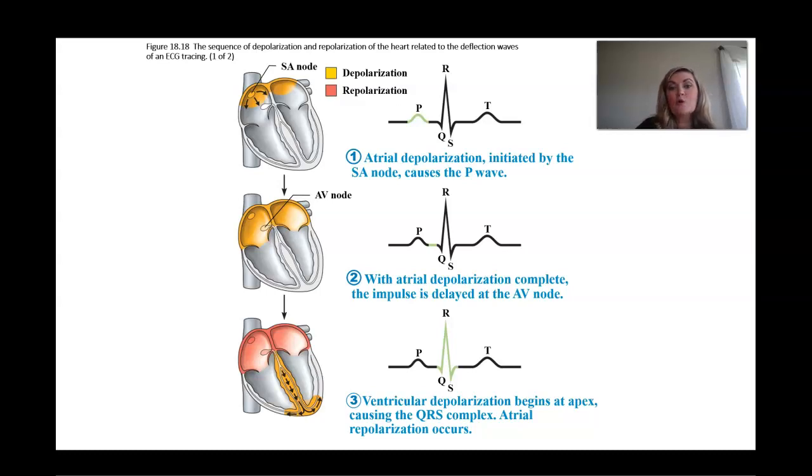As it travels across the atrium and down, it hits that AV node. That's going to be that little pause between the P and then the Q. Then you see repolarization of the atrium and depolarization at that bundle of His as it's coming down the center septum of the ventricles. This is going to be your QRS wave.